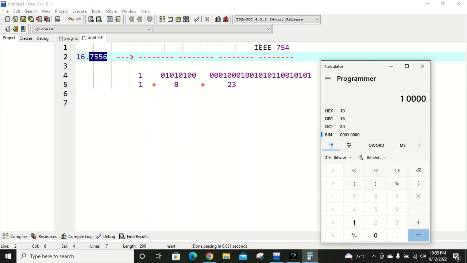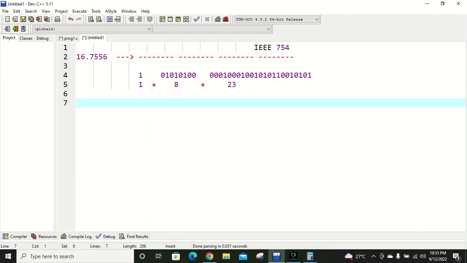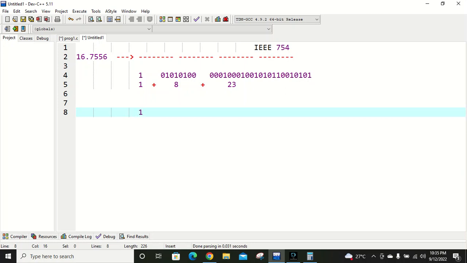Because we take these 4 values, I am taking 1, and after that 4 zeros are there. So from here I am writing this number: 1, after that 1 2 3 4 zeros. So this number is actually 16. Dot I am writing here.